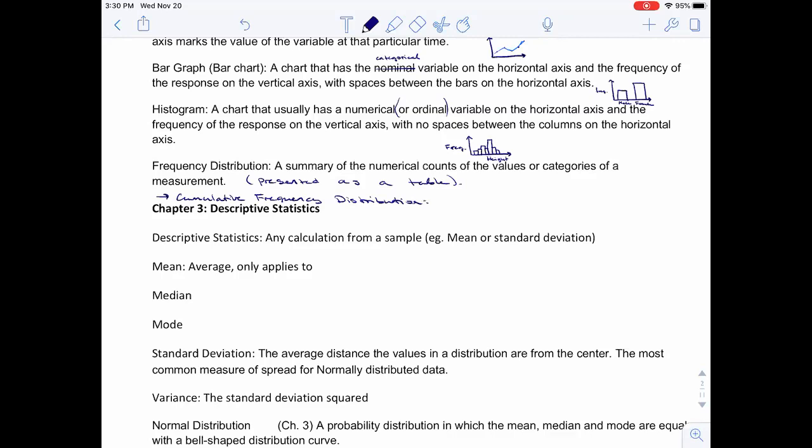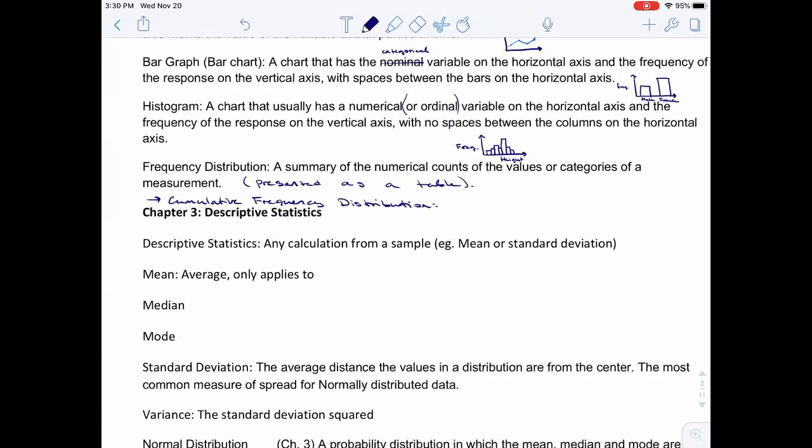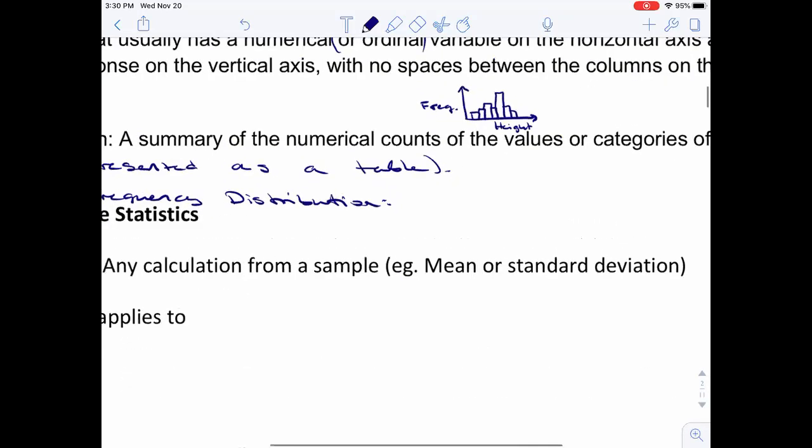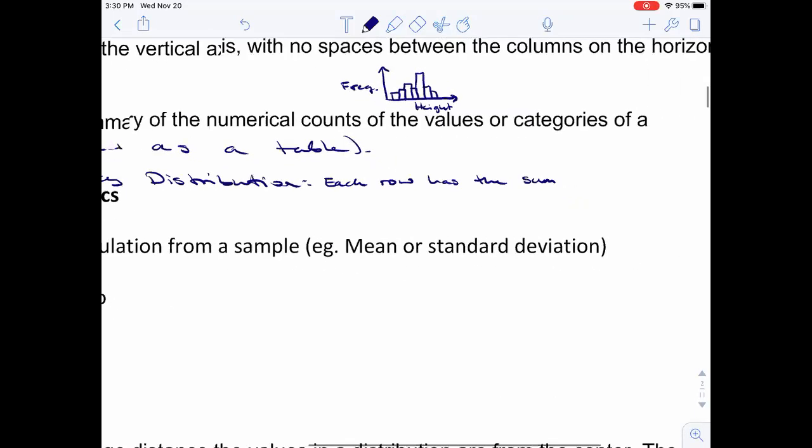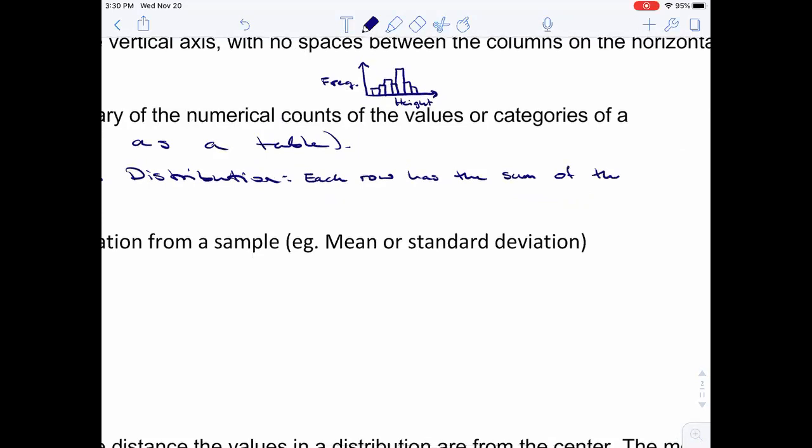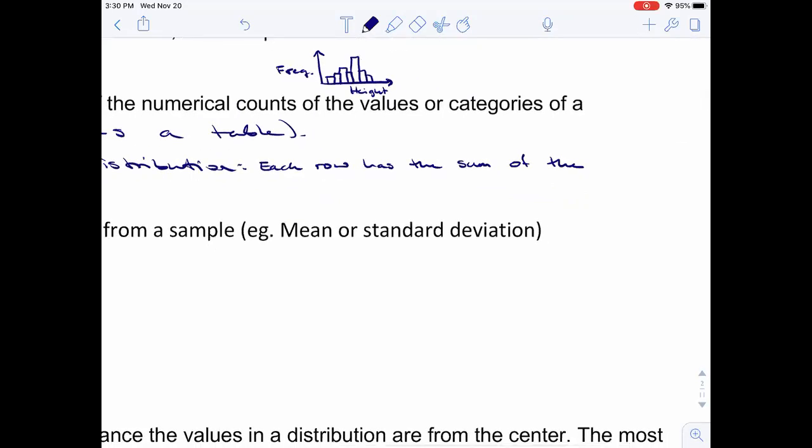I feel like she probably has a better explanation, but here we go. Each row has the sum of the current row and previous rows.